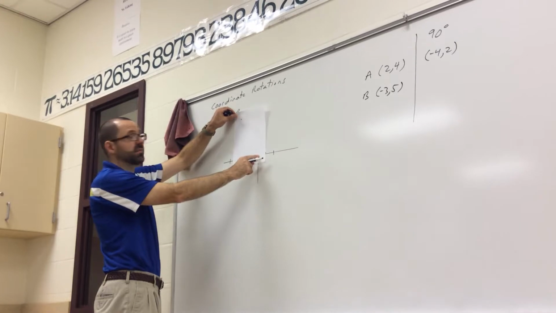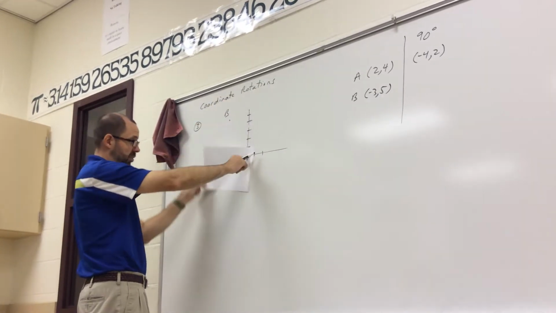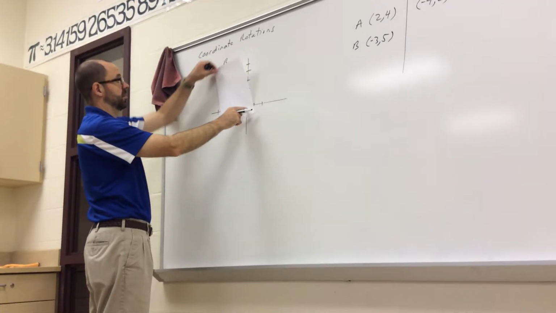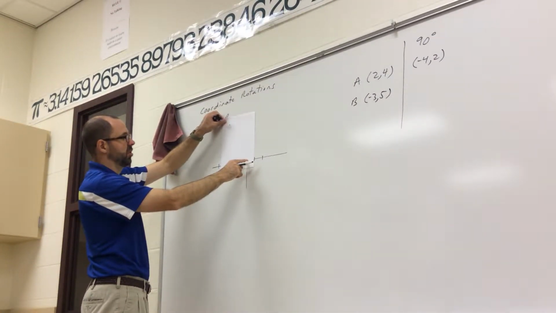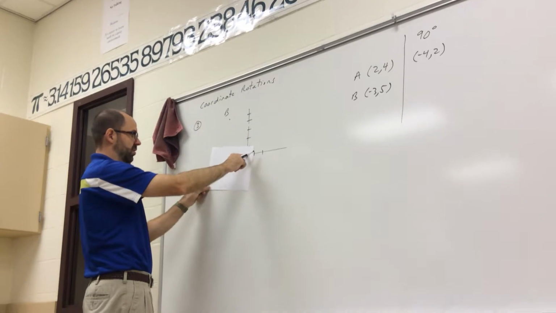And then we have to go positive 90, so that's this way. So try to see where B is going to end up if you go 1/4 turn this way.